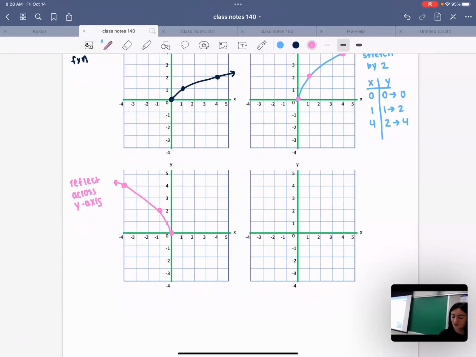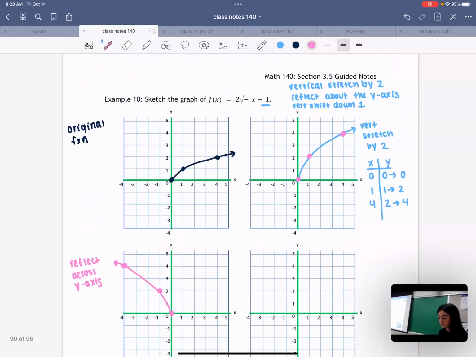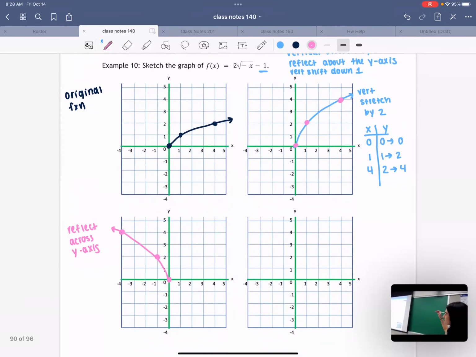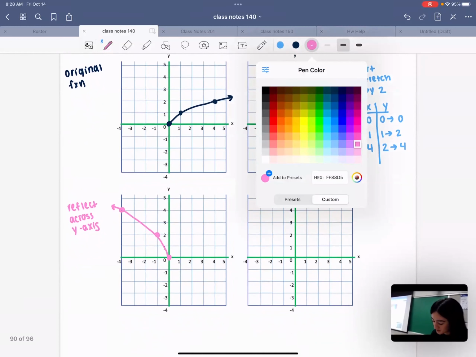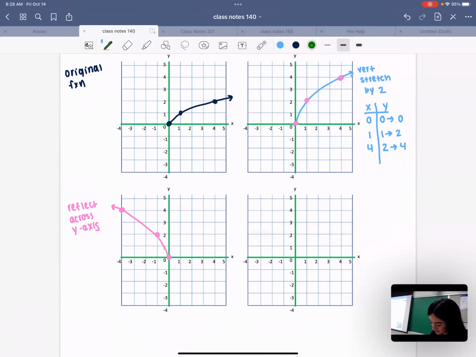Finally, it says I need to vertically shift down 1. So I'm going to take all my points and shift them down 1. Let me do it in green here. I'm doing a vertical shift down 1. I'm going to take my 0, 0 point, shift it down 1 to 0, negative 1.